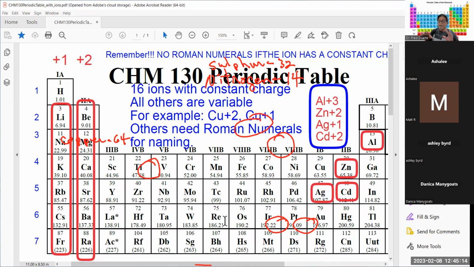So again, that is the weighted average. You are going to learn that some of these elements have 2, 3, 4, 5 different isotopes of that element.